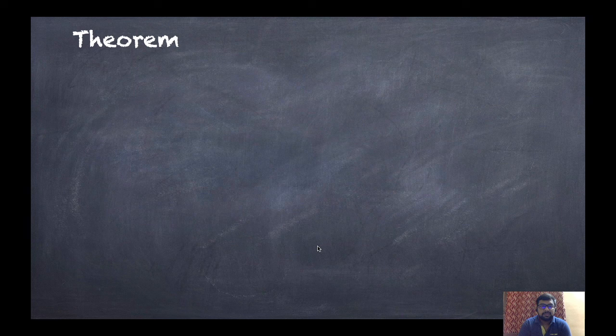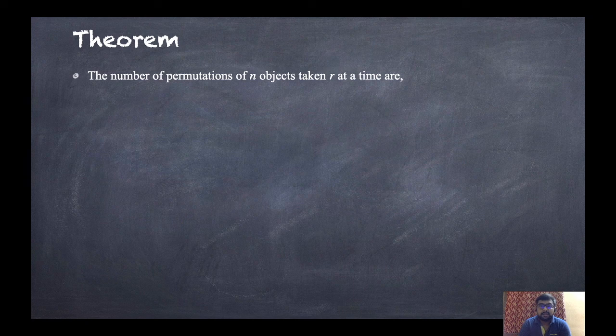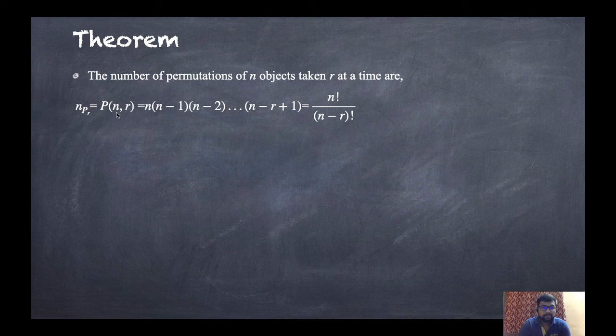Now, what is the theorem? The number of permutations of n objects taken r at a time is denoted like this: nPr or P(n, r). That means permutation of n objects taken r at a time, and it is n times n minus 1, n minus 2, up to n minus r plus 1.